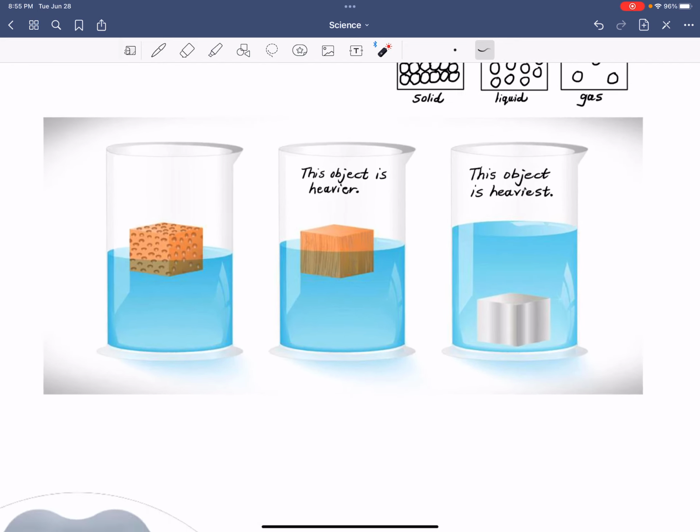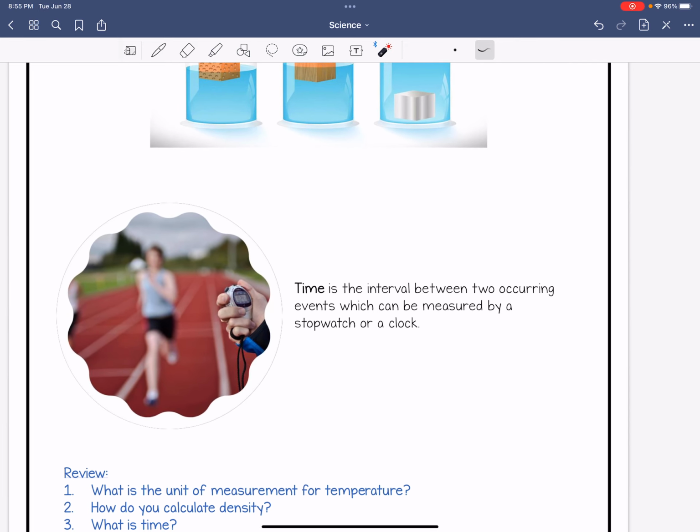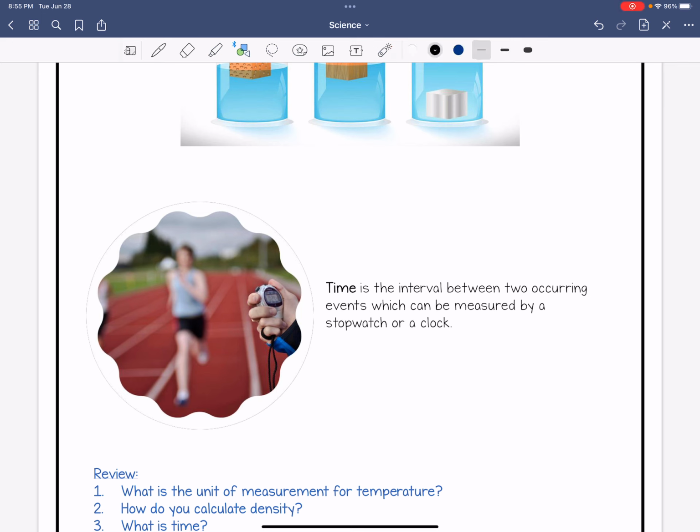Okay, the last one that we need to look at is the concept of time. What is time? Time is the interval between two occurring events.